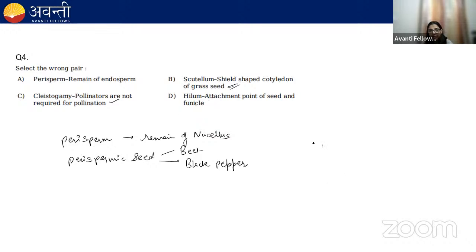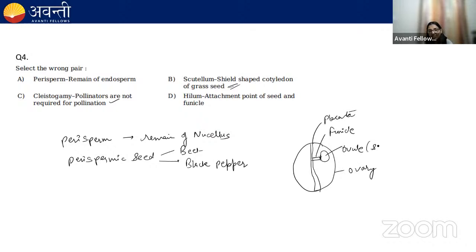And the hilum, if this is the plant ovary, this is a placenta. From the placenta, the funicle is attached, and this funicle is attached to the ovule. So this is an ovule, funicle. We know that on maturation, the ovule forms the seed, right?